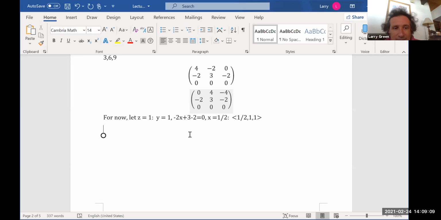So the eigenvector that I want is 1/3, comma, 2/3, comma 2/3. Any questions on how I got that? Any questions?